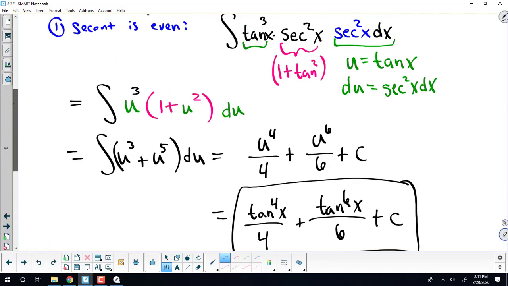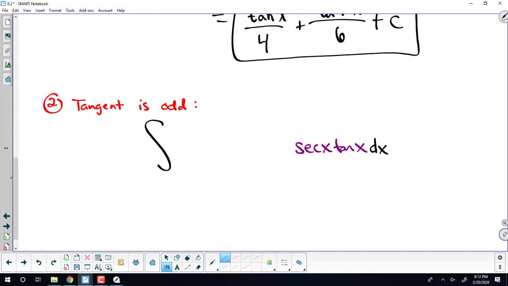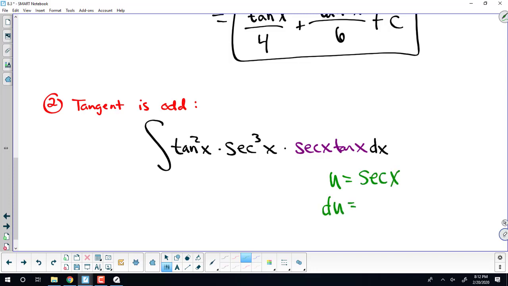What do we have originally there? Tangent cubed secant to the fourth. So we have tangent squared times secant cubed and times our secant tangent that we split off. So that's going to tell us this is virtually our du here. U should be secant because the derivative is secant tangent.